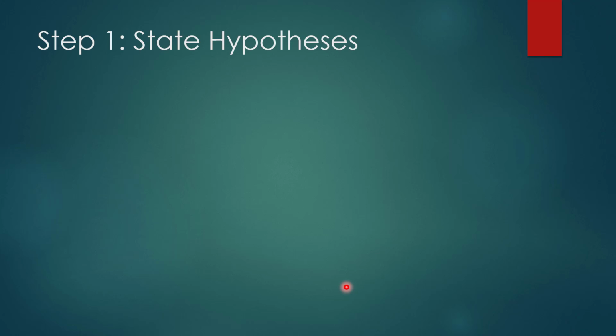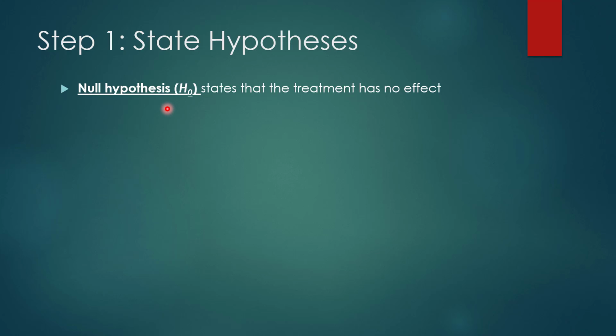So the first thing we need to do is state our hypothesis. And I guess the question is, what is a hypothesis? It's going to be our best prediction of what the treatment could do to that population. So we're going to have a null hypothesis, and the null hypothesis is noted as H sub O, and it states that the treatment has no effect.